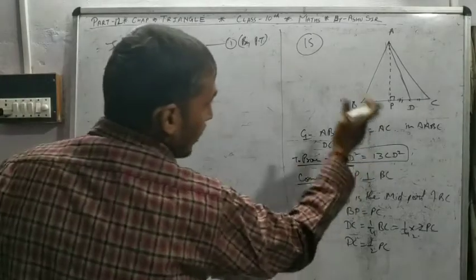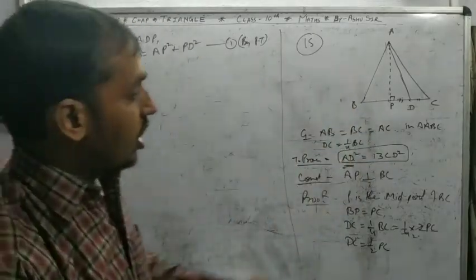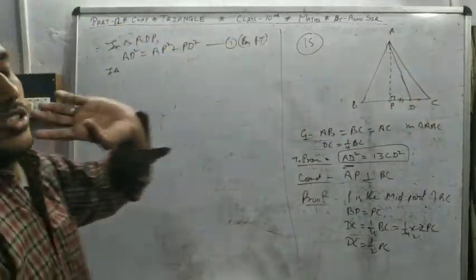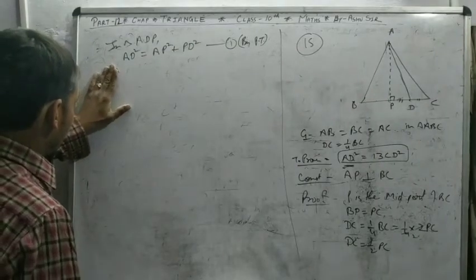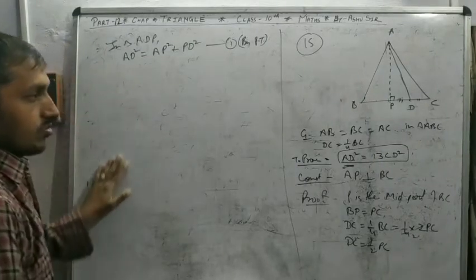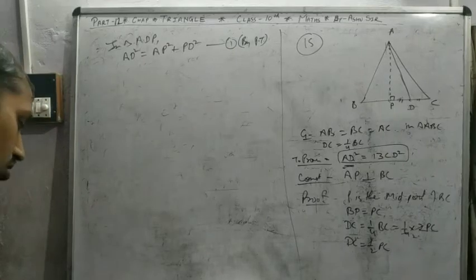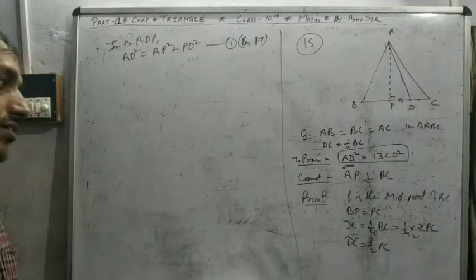Then we want CD. Where is CD? CD is not part of any right triangle, so we have no use of CD.